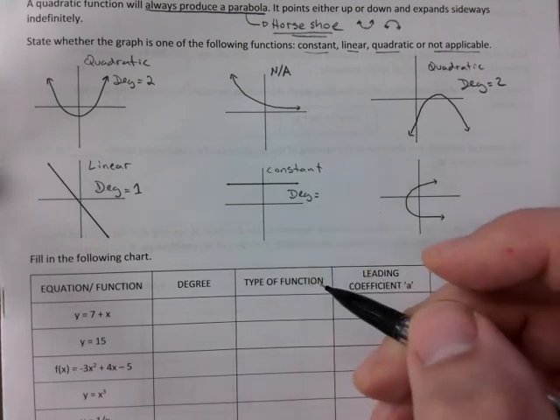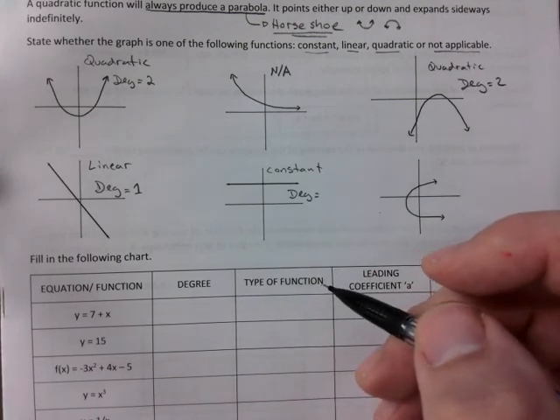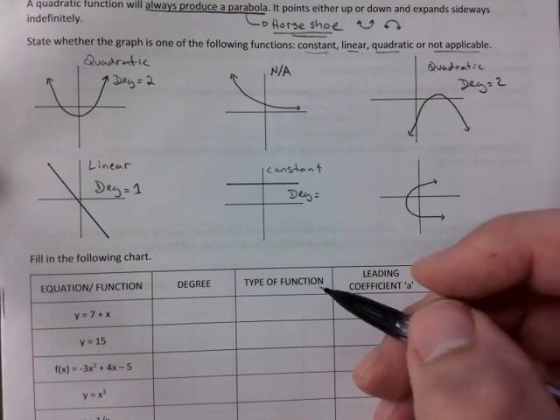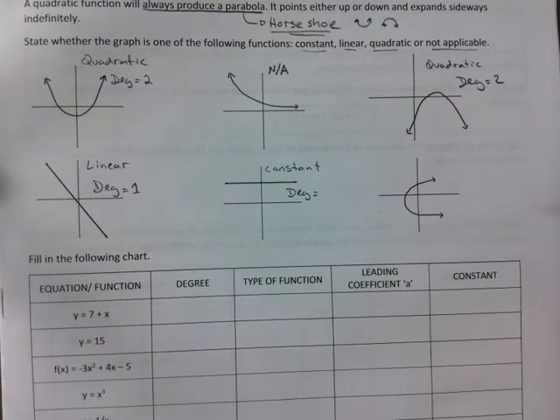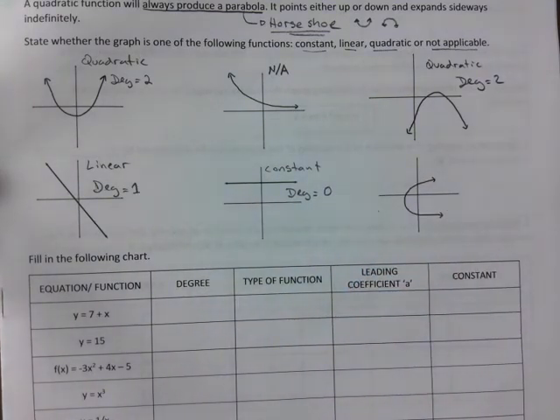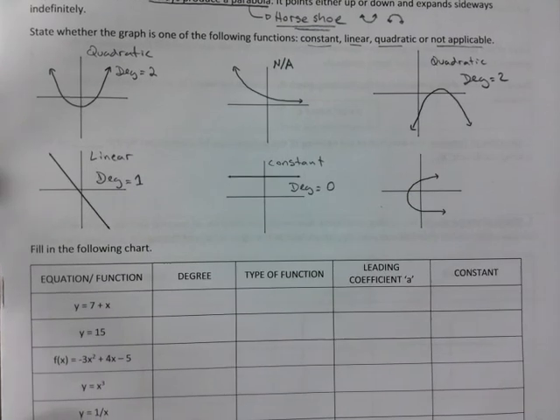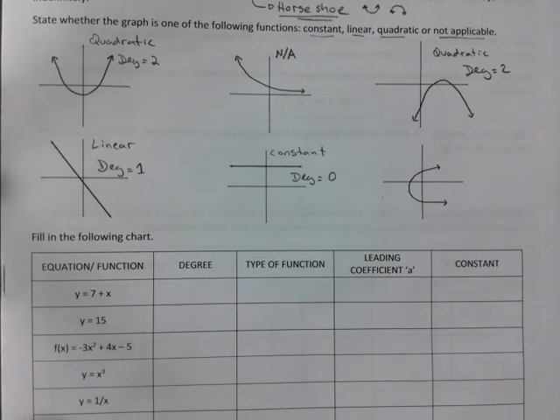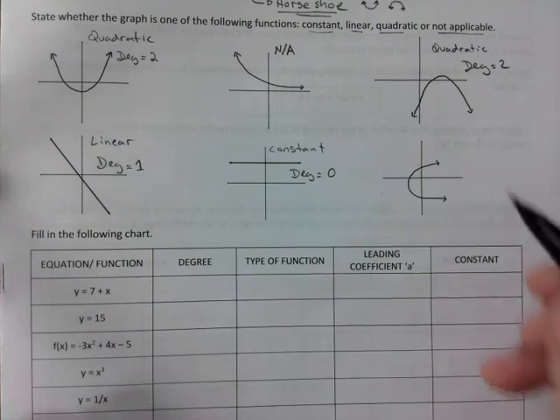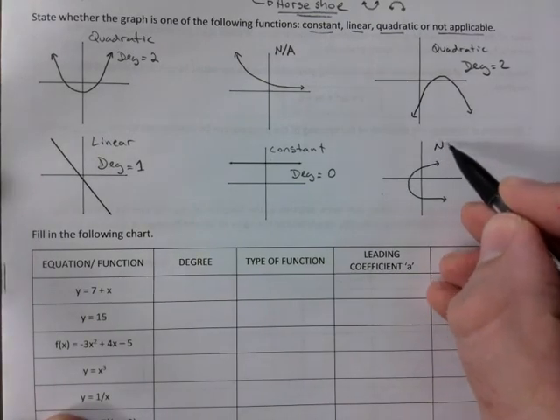Anybody know? There's no x there, is there? It's technically x to the power of 0. x to the power of 0 is just 1. So the degree is actually 0 for a constant function. Not terribly important to remember, but notice the pattern, because there's 0, 1, and 2.